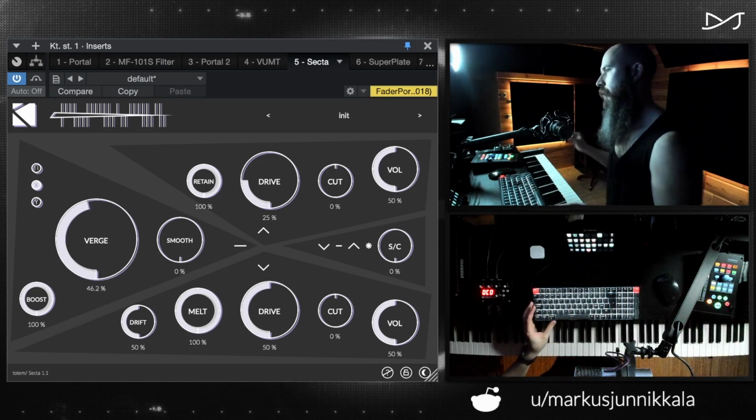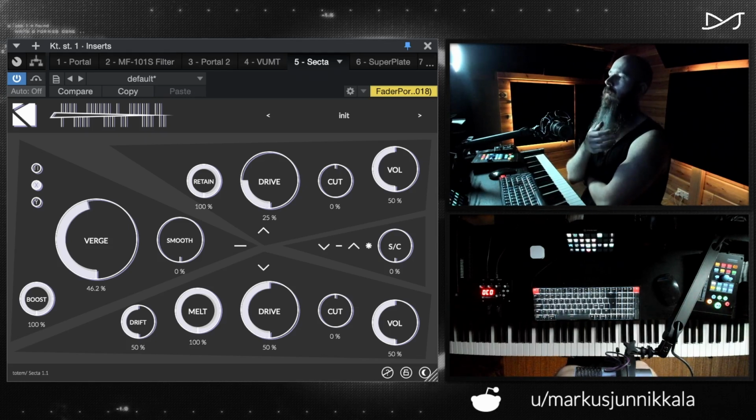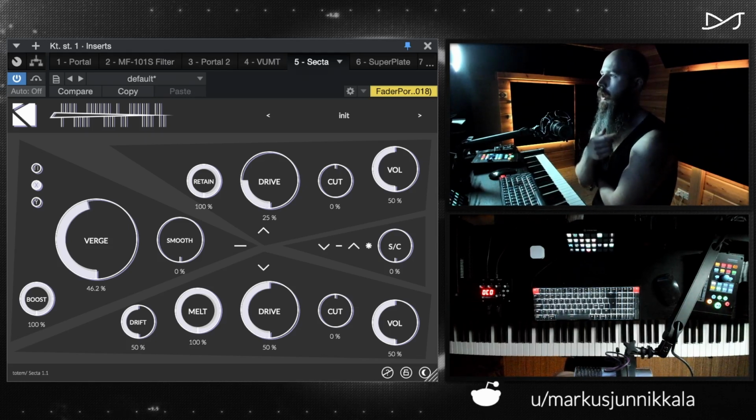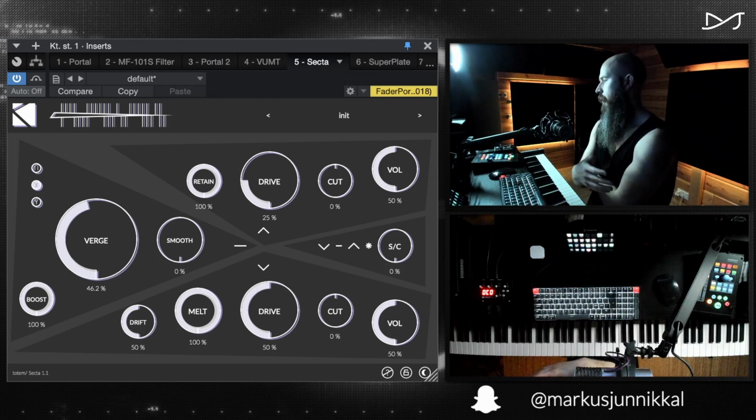So yeah, I'm thinking if you have a sound that is very varying in level, that's going to be a further issue of you finding the right spot for the verge, for the threshold to be at.